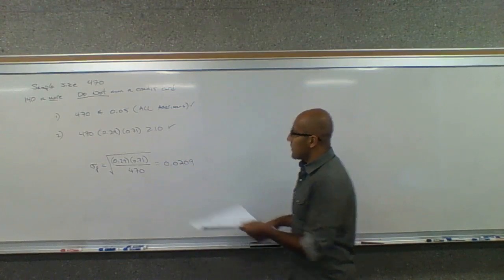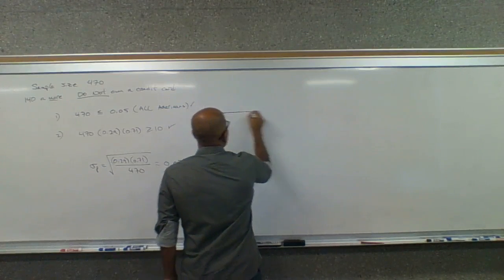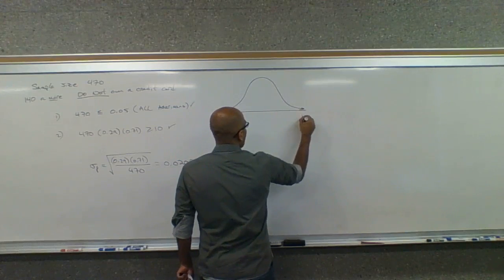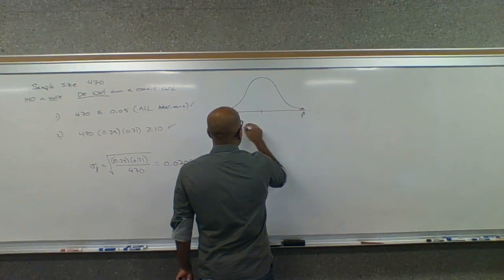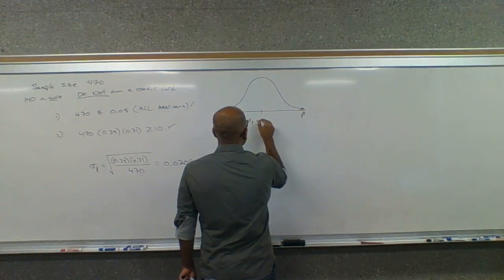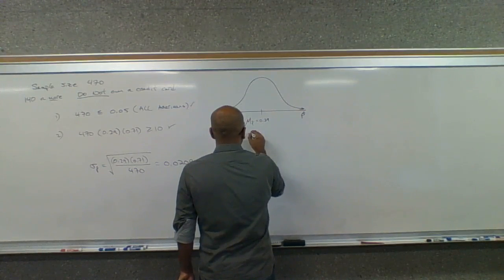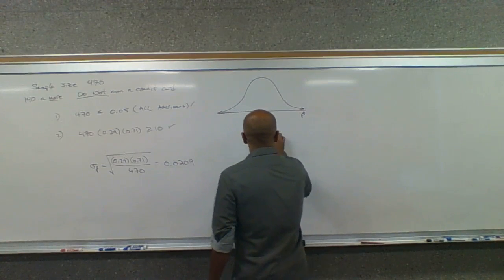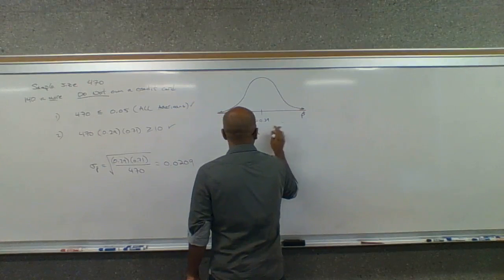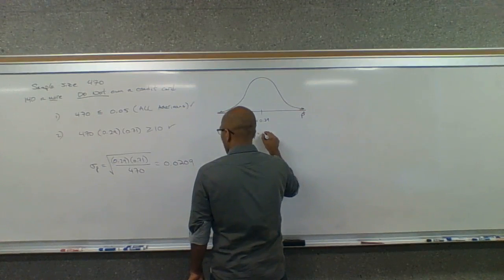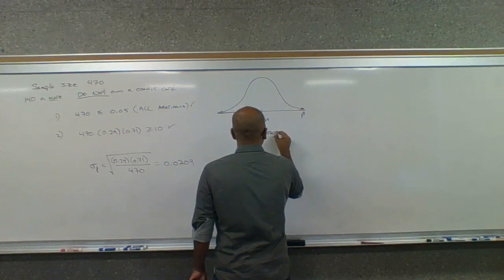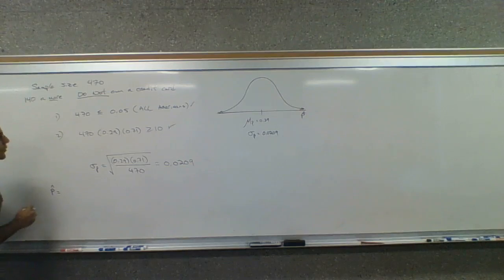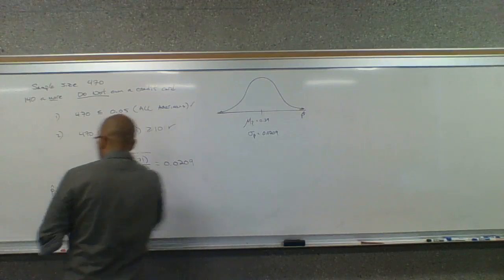Okay, so now we know that our distribution of sample proportions, p hats, is going to have a mean of p hat equal to 0.29, and sigma of p hat is going to be equal to 0.0209.